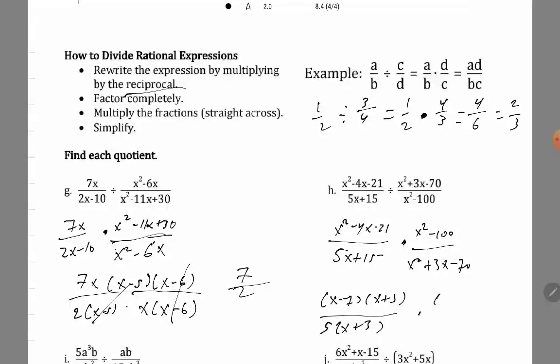And this will be x minus 10, x plus 10, over x plus 10, x minus 7. So that will cancel out with that, and that will cancel out with that, that will cancel out with that. So I'm left with, just going to put the answer right up here, x minus 10 over 5.